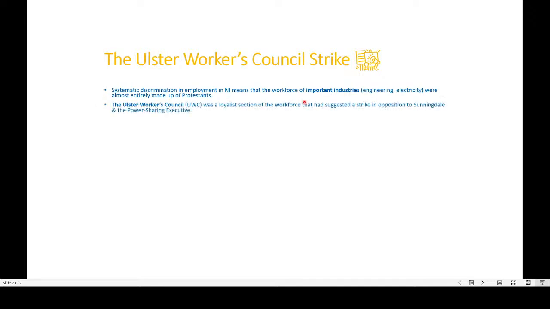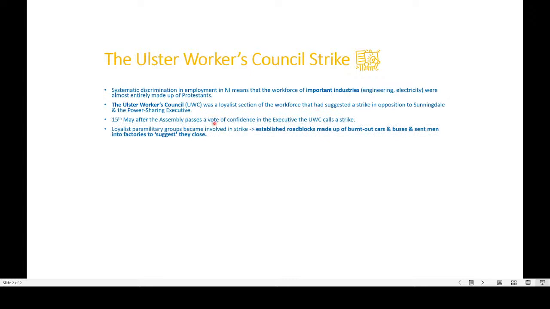So the Ulster Workers' Council, the UWC, was a loyalist section of the workforce that had suggested a strike in opposition to the Sunningdale Agreement and to the introduction of the power sharing executive in Northern Ireland. So on the 15th of May, after the Assembly passes a vote of confidence in the executive, the UWC calls a strike.